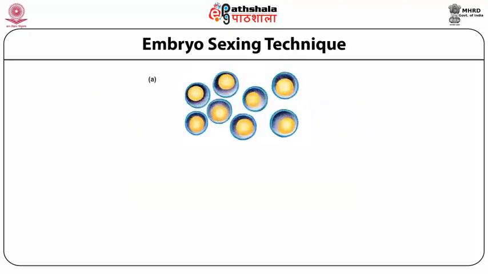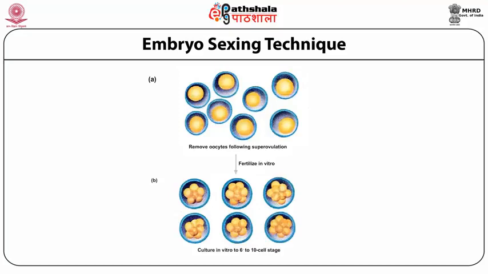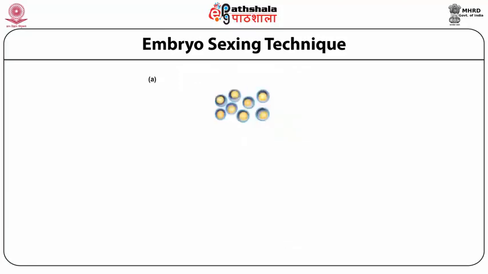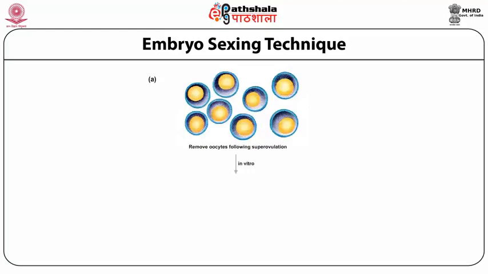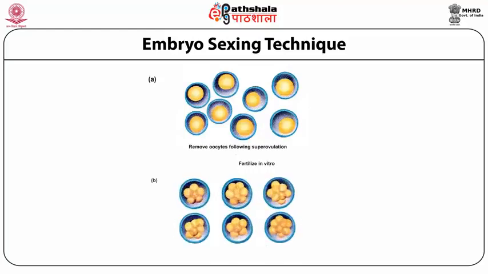So after synchronization and superovulation, oocytes are collected from the superior quality female. The oocytes are fertilized in vitro in the lab by providing almost the same environment as inside the body.